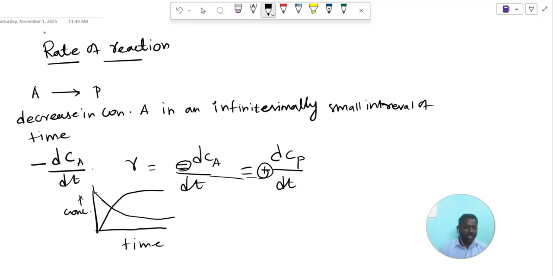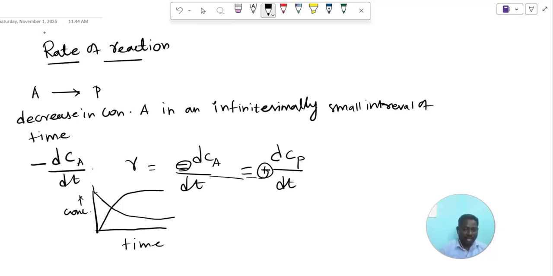So this is graphically represented for the rate of the reaction if we consider a reaction A gives product. Decrease in concentration of reactant with respect to time, or increase in concentration of product with respect to time, is nothing but your rate of the reaction.